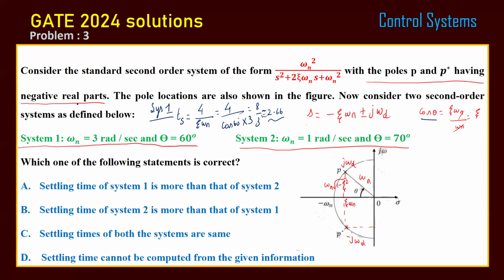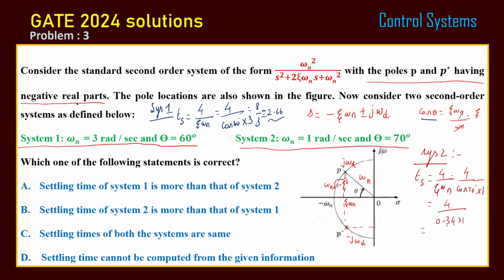We got the answer for system 1. So, let me find out for system 2. For system 2, the settling time, we use the same formulation, 4 by zeta omega n. So, here 4 by cos 70 into 1 radian per second, which is given for omega n. Cos 70 is calculated as 0.34 into 1.